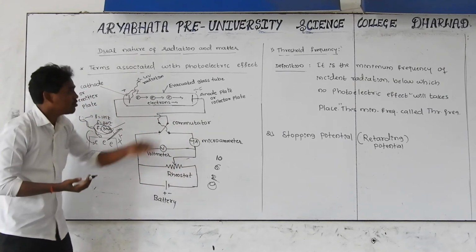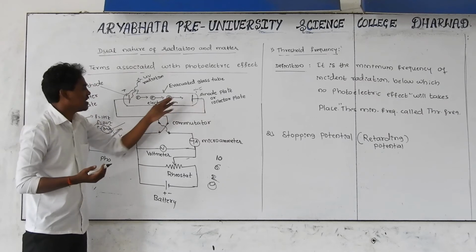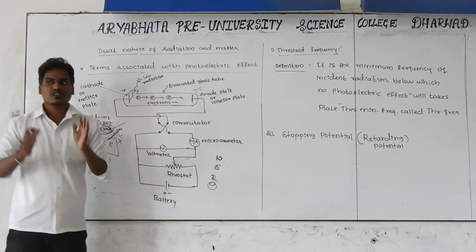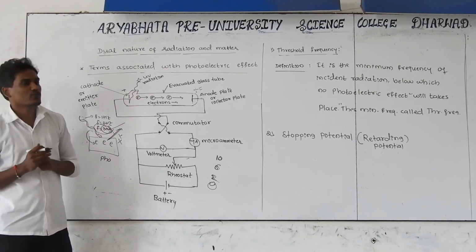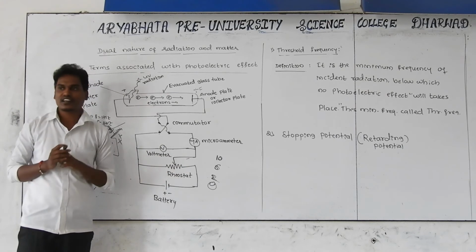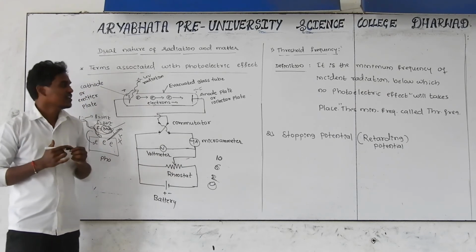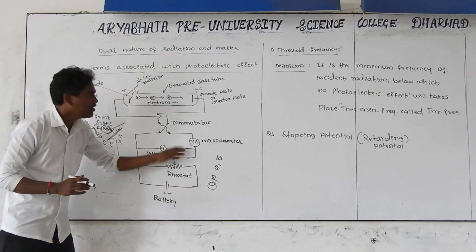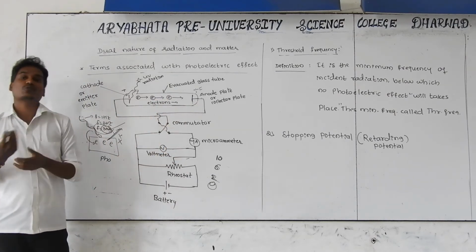For a certain value of negative potential, the electrons from cathode to anode completely stop. What is the magnitude of the current in the circuit? That is completely zero.